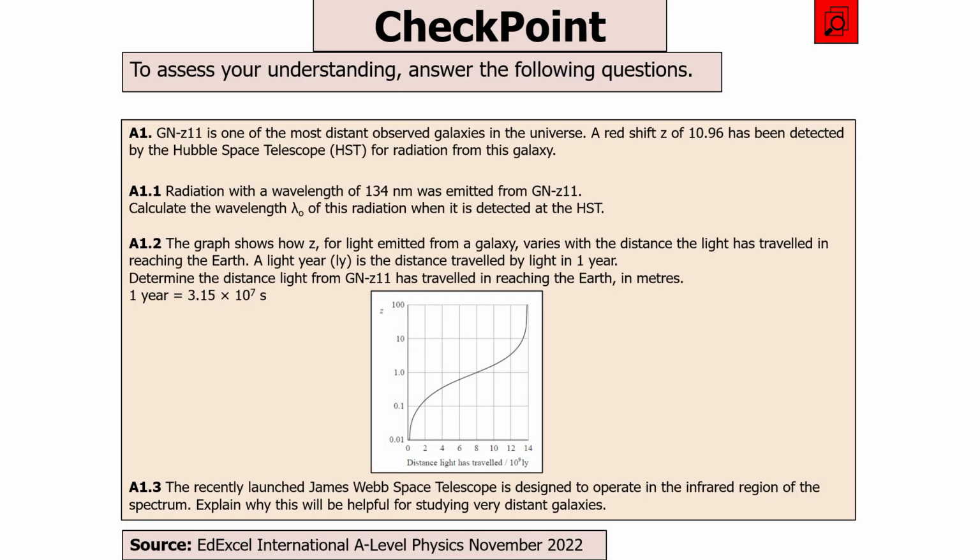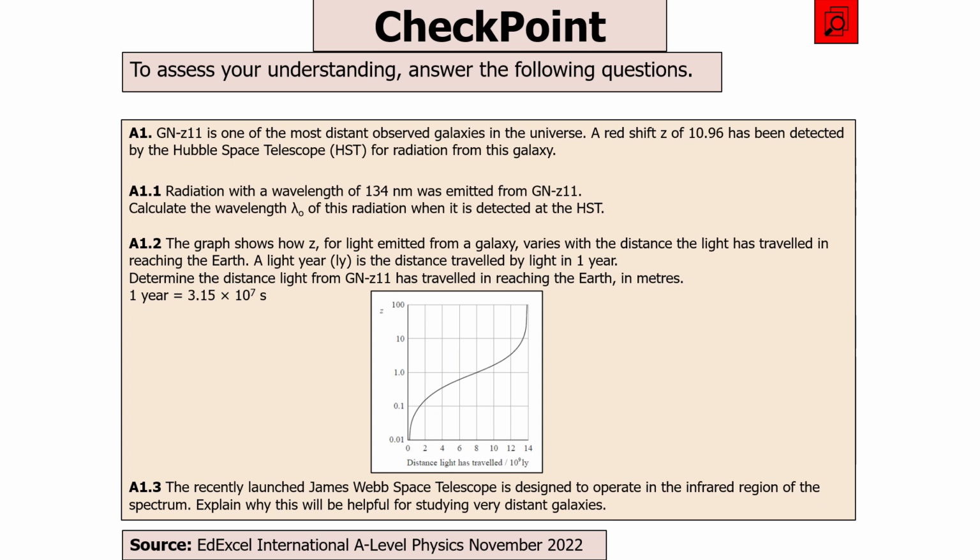The next question says GN-z11 is one of the most distant observed galaxies in the universe. A redshift z of 10.96 has been detected by the Hubble Space Telescope for radiation from this galaxy. Radiation with a wavelength of 134 nanometers was emitted from GN-z11. Calculate the wavelength of this radiation when it's detected at the Hubble Space Telescope. The graph shows how z for emitted light from a galaxy varies with the distance that the light has travelled in reaching the Earth.